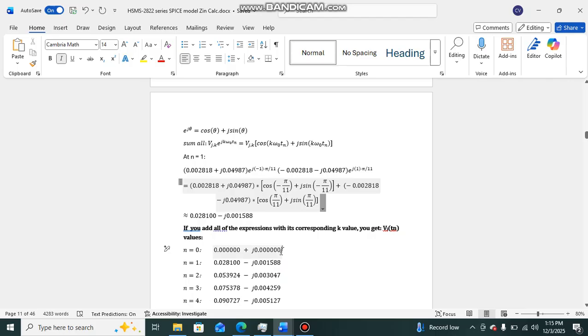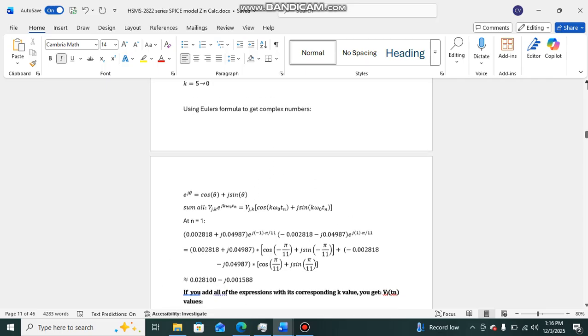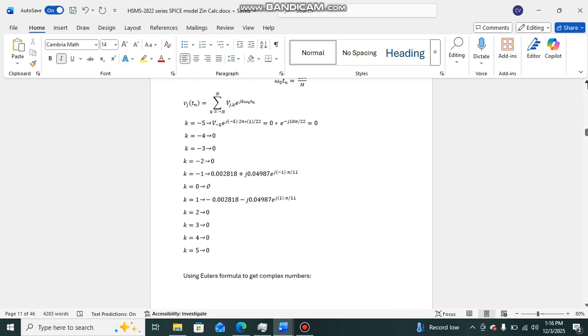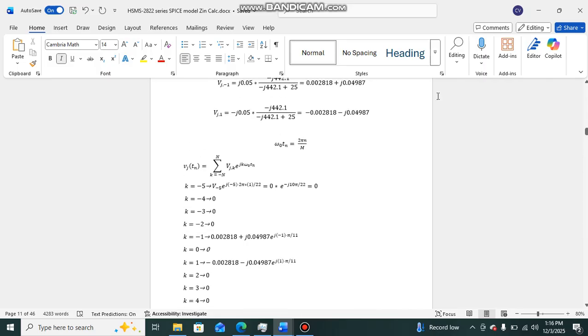So we could do n equal to 2, for example. All we would do is plug in n equal to 2. So you would do 2 pi times 2 divided by 22.